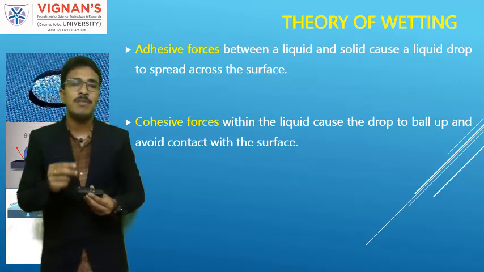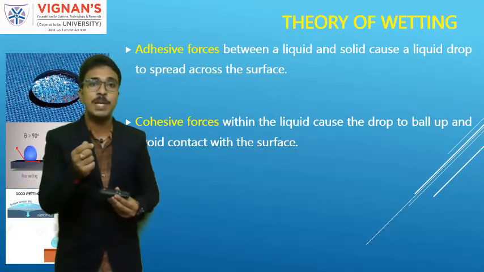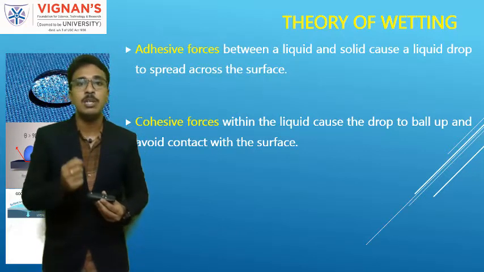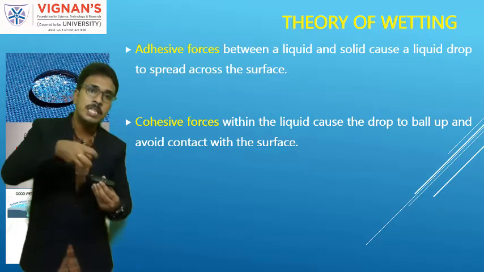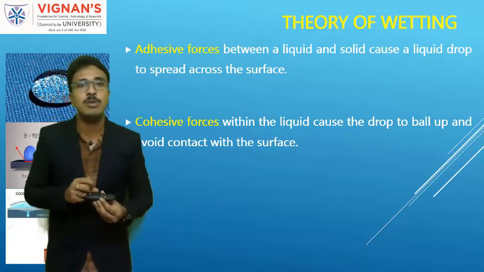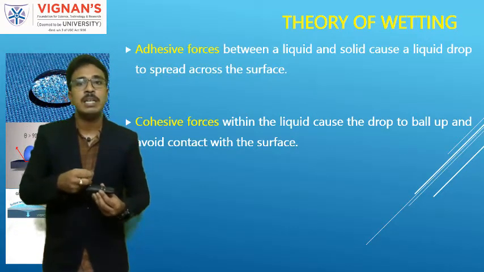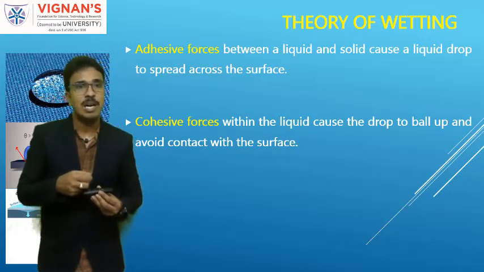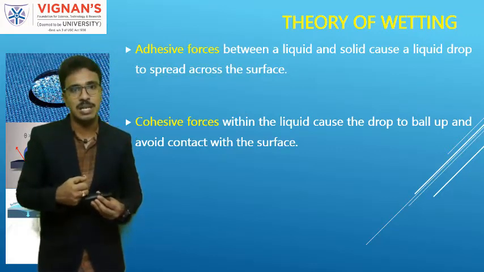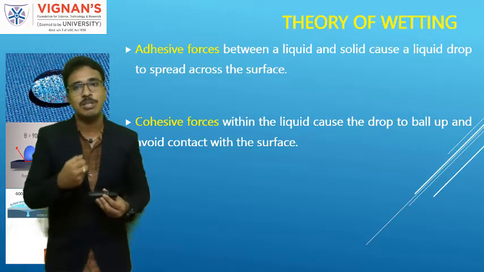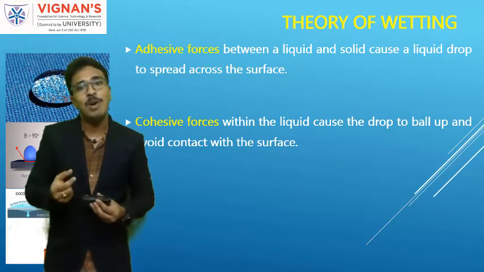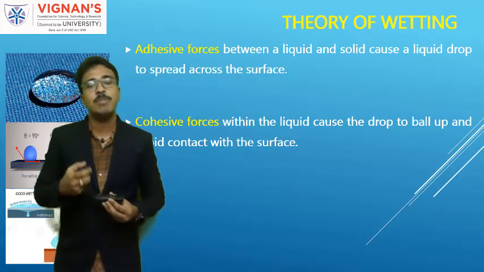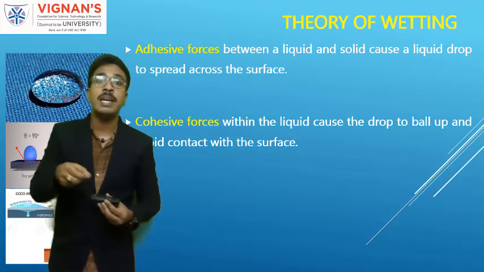The same way, one more important thing with respect to liquid is cohesive forces, that is, intermolecular forces within the liquid, which cause the drop to ball up and avoid contact with the surface.